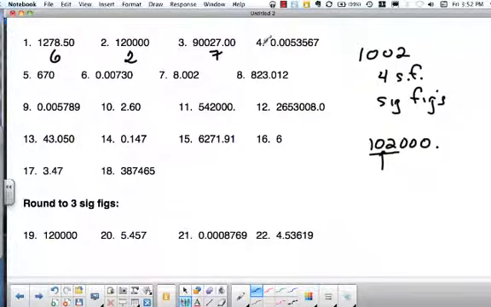5 on number 4, 2 on number 5, 3, 1, 2, 3, 4, 1, 2, 3, 4, 5, 6, 3, 1, 2, 3, 4, 5, 6, 6, 7, 8, 1, 2, 3, 4, 5, 3, 6.